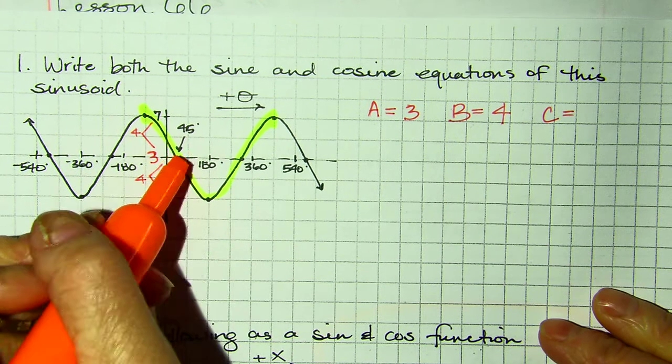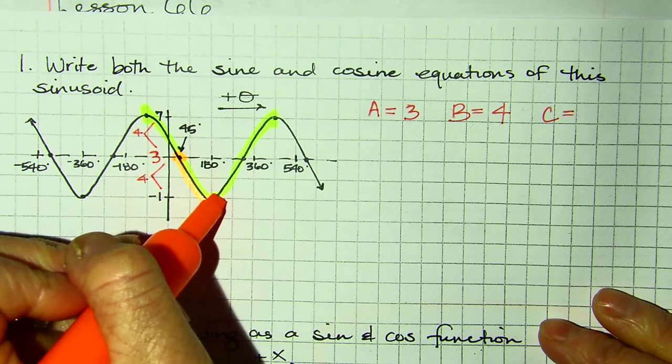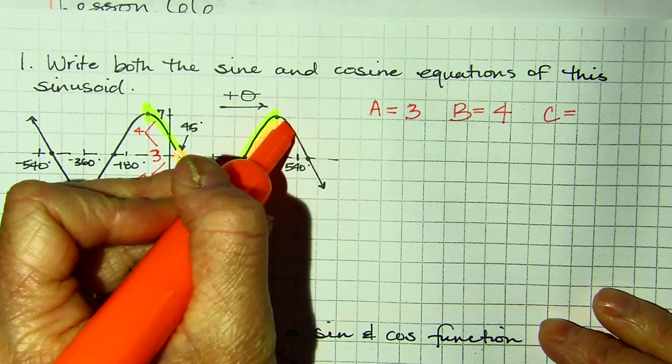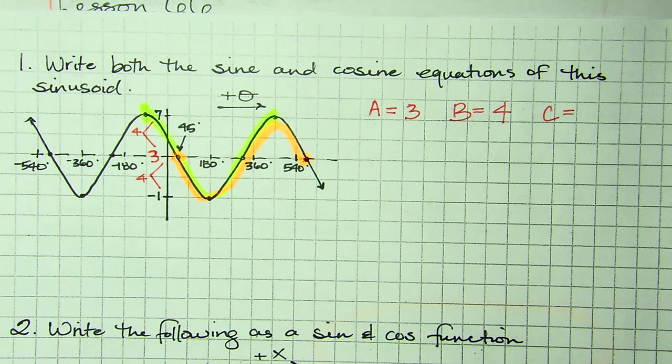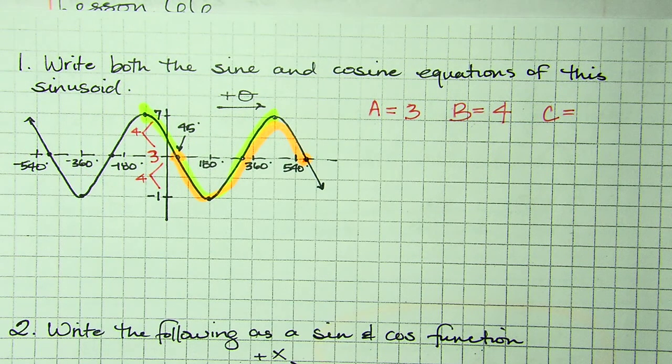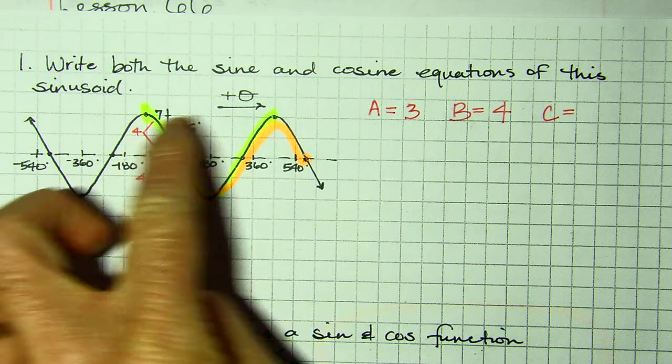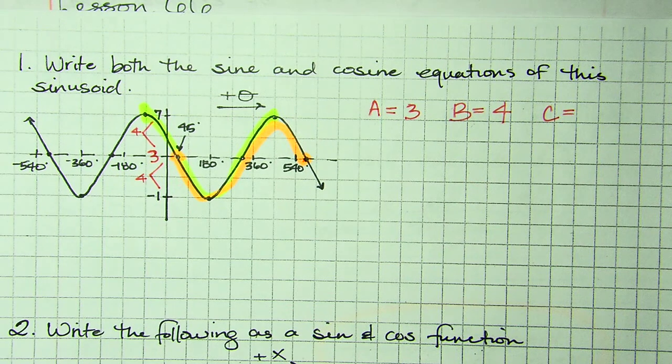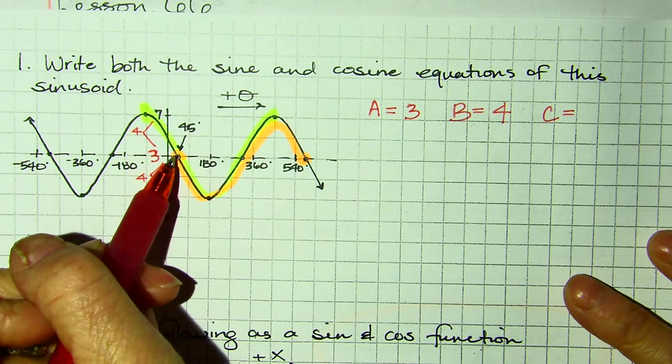Or you can go from center line to center line or peak to peak. It's up to you. It's also maybe whatever's easiest based on how they labeled it. So I notice this center, I'm going to do the center line to center line.